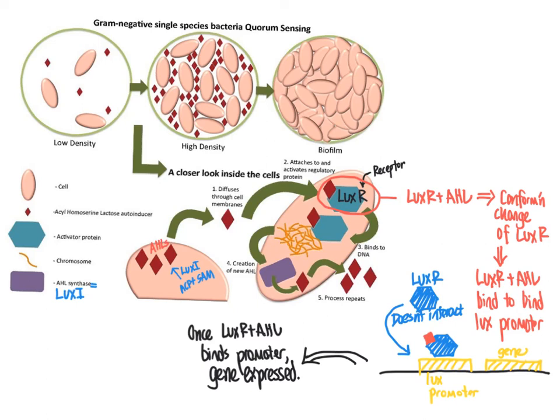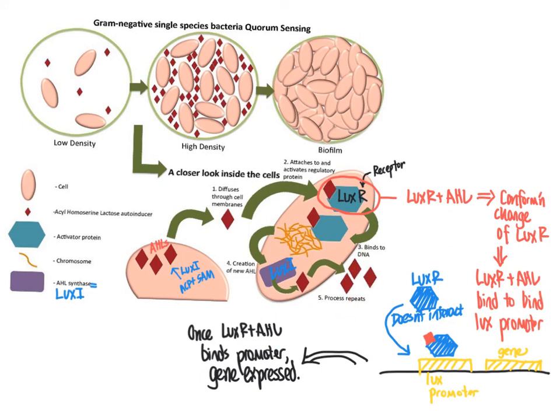And as this process continues and the cells continue to grow, divide, and multiply, the behavior can become intensified because these cells continue to use LuxI, the biosynthetic enzyme, to generate additional acyl homoserine lactones. Those exit the cell, and then the process repeats.